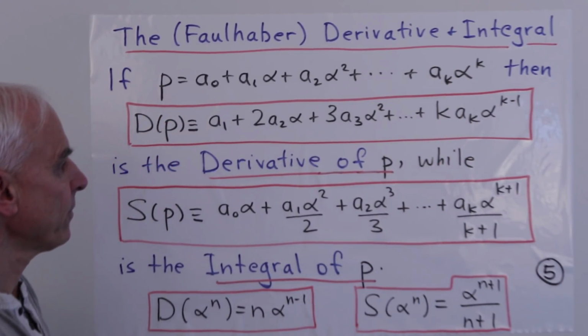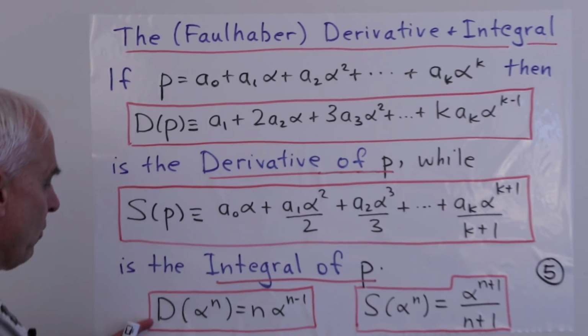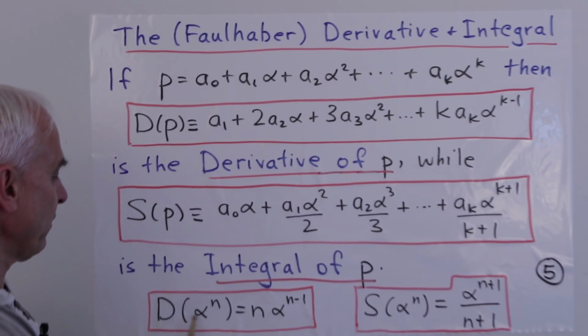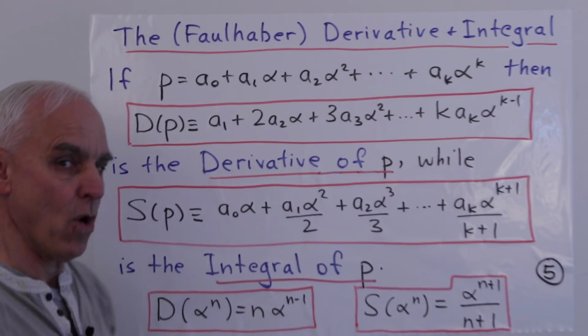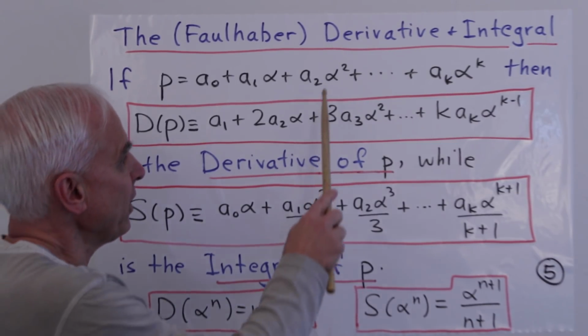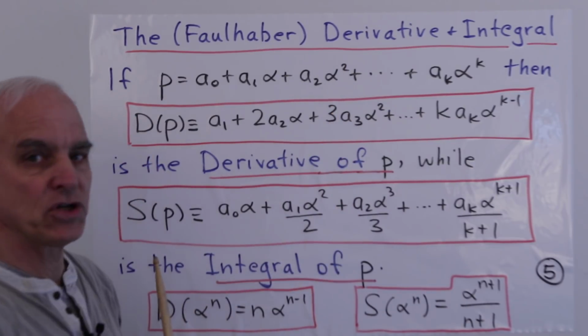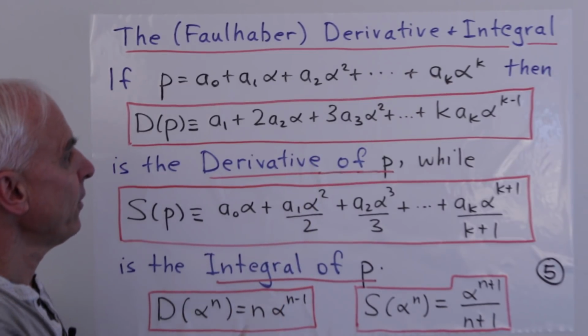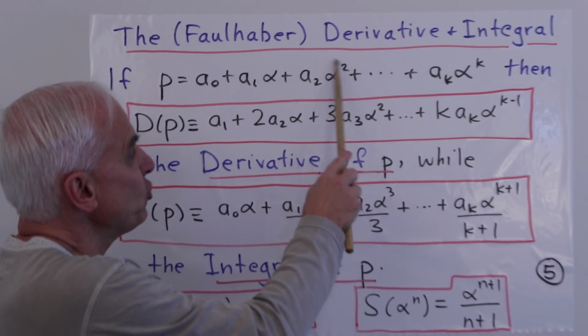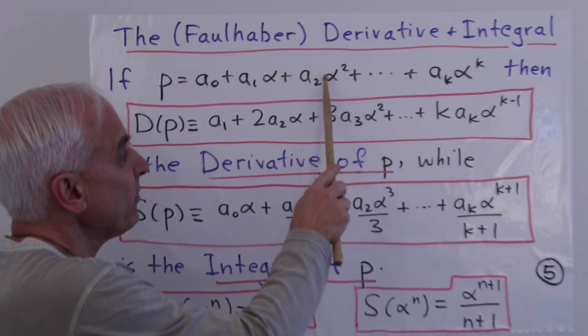So the guiding rule here, there's really only one rule, which is that the derivative of alpha to the n is n times alpha to the n minus 1. So the power comes down as a coefficient, and then the new power is reduced by 1. So this term here, its derivative will be 2 times a2 times alpha to the 1.